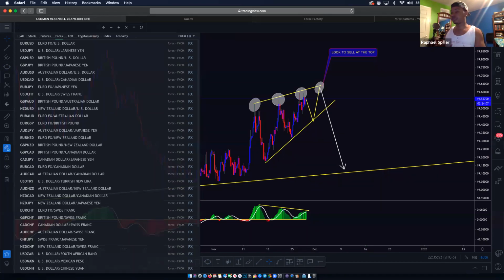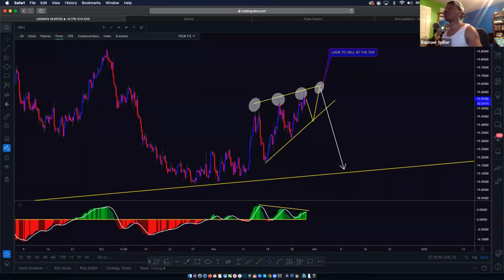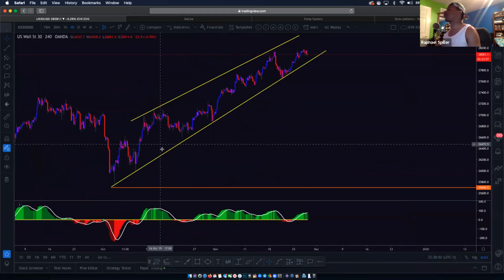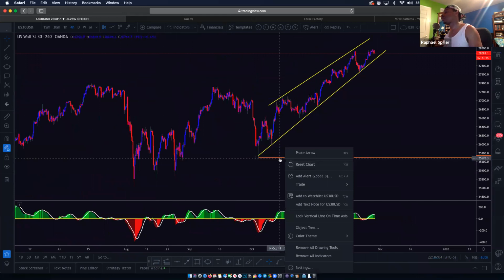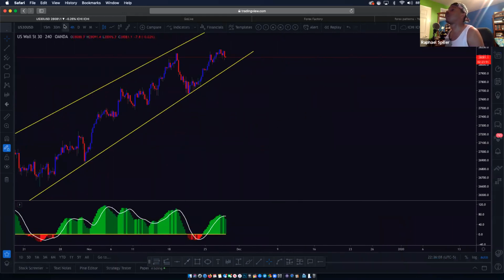All right, US 30. Can't miss US 30, right? Already charted this one out too. It looks like it's just going to keep rising.